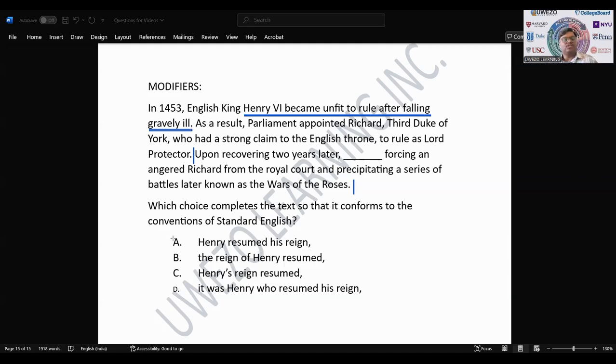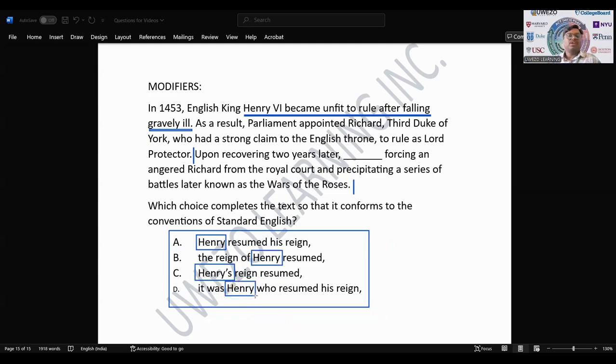And if you look at the answer choices, we have Henry in each answer choice. Option A has Henry, option B has Henry, so does C and D as well. So one thing is for sure, that Henry recovered 2 years later.